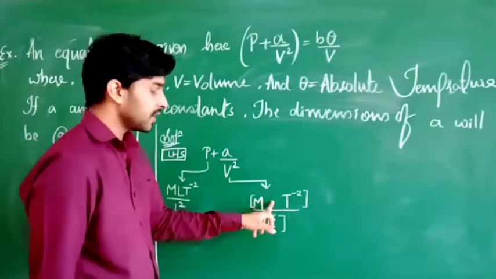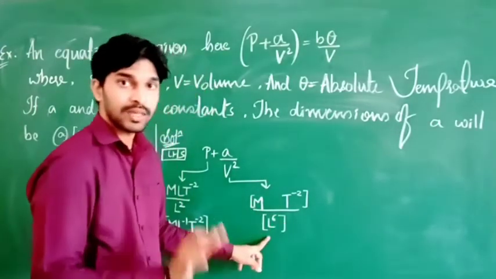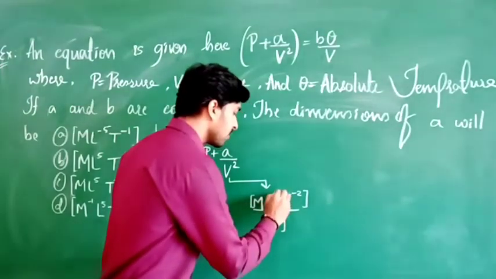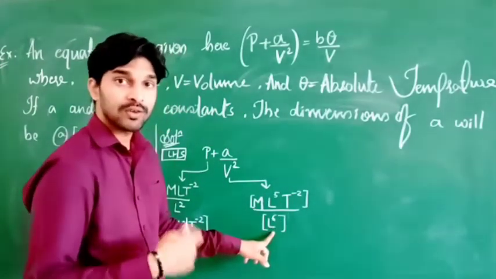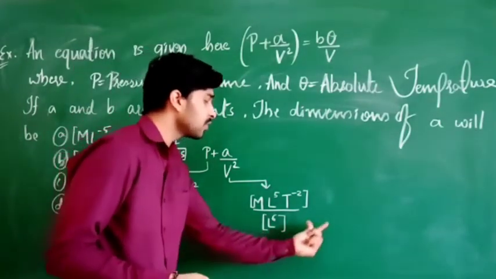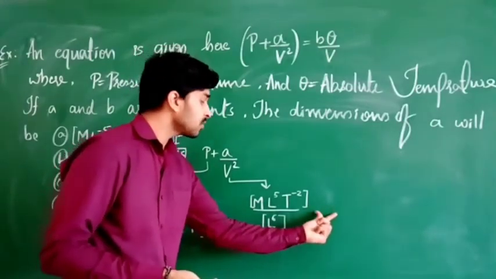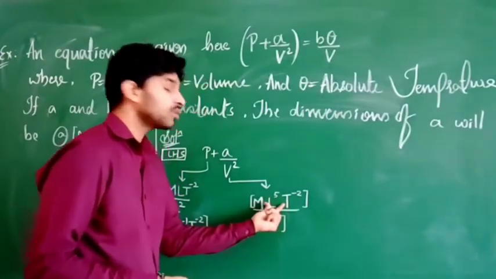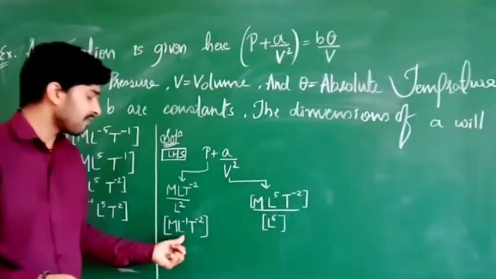What can I write here such that this divided by L power 6 gives L power minus 1? If I write L power 5, then L power 5 divided by L power 6 gives L power minus 1.